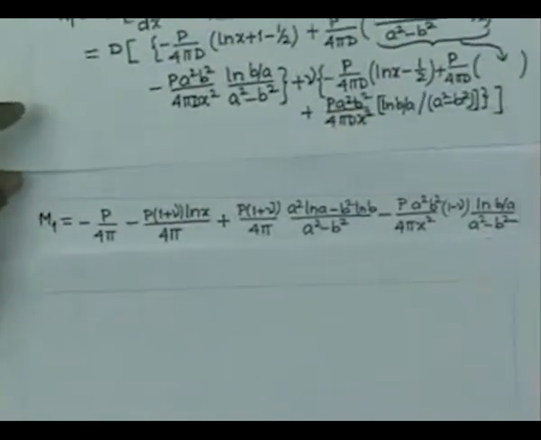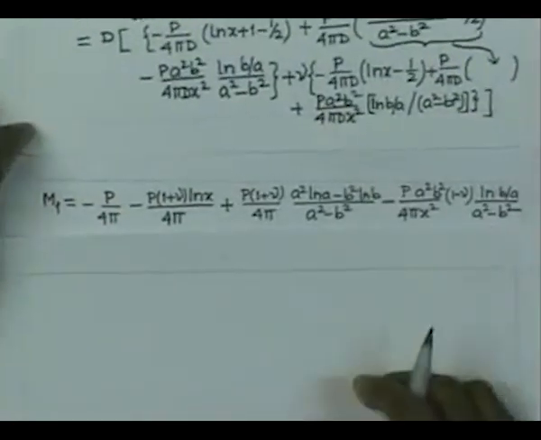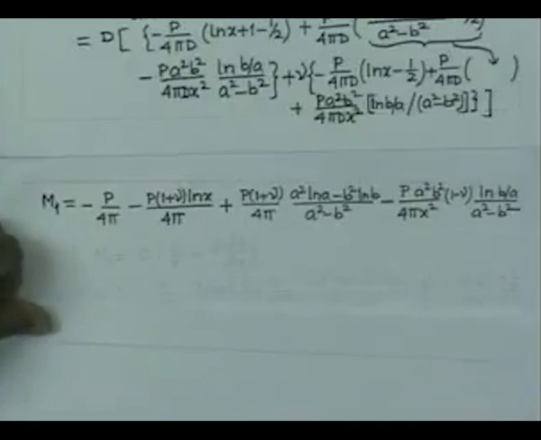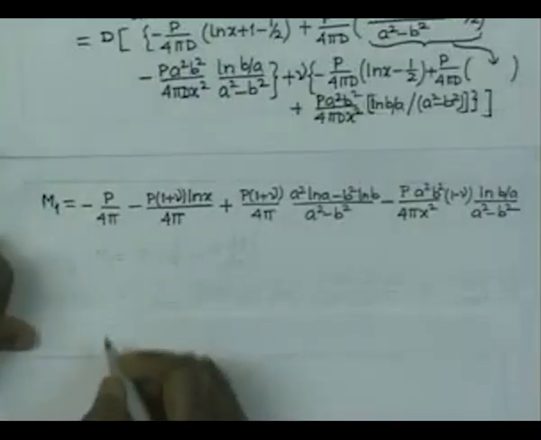Similarly, m2 will be given by d into phi by x plus nu times d phi dx, and if we substitute the value of phi and d phi dx, then after simplification you can get m2.